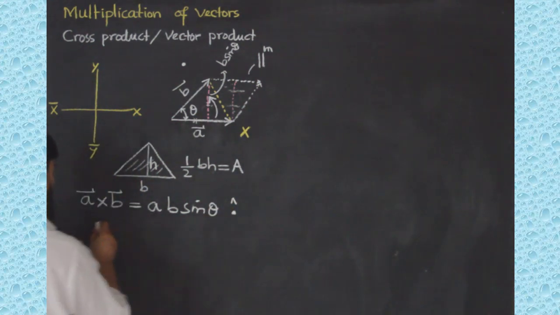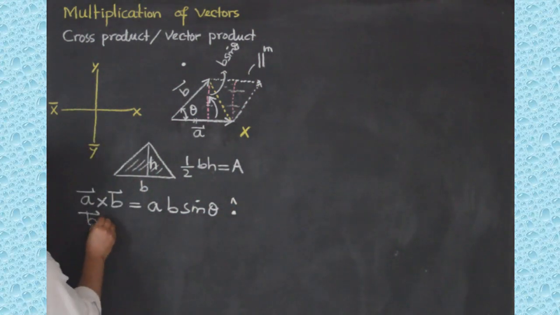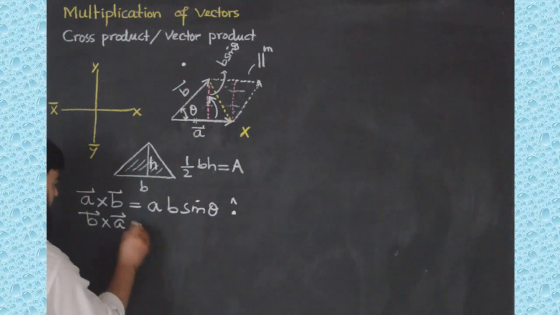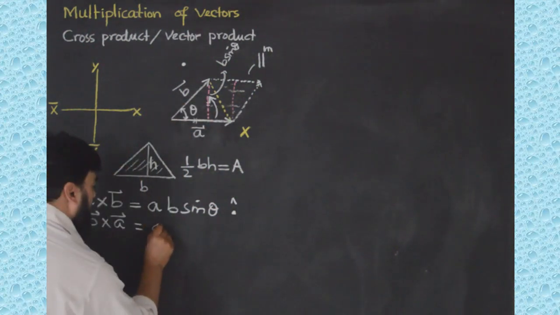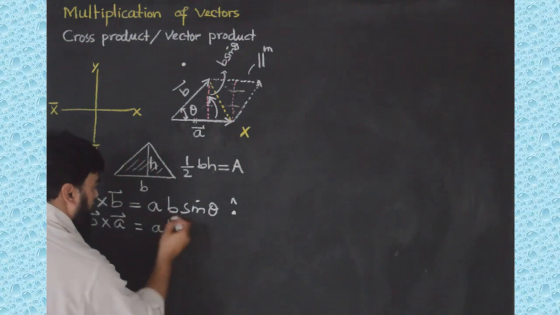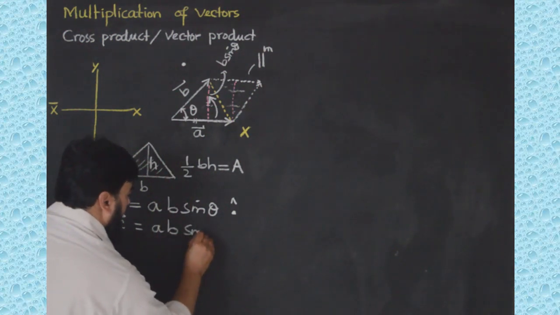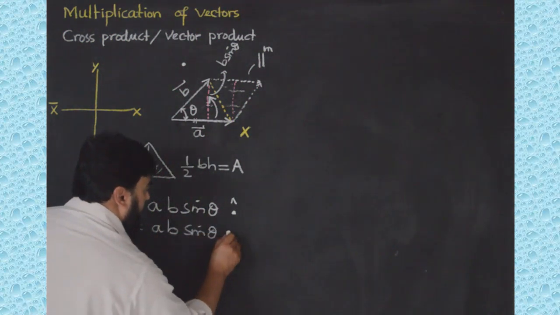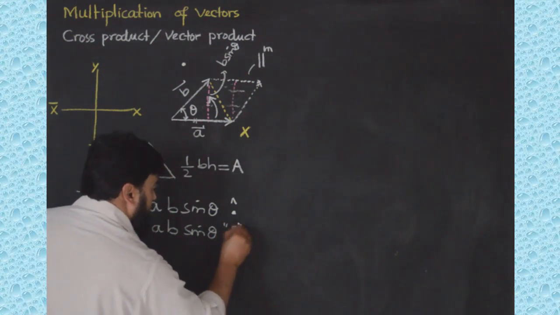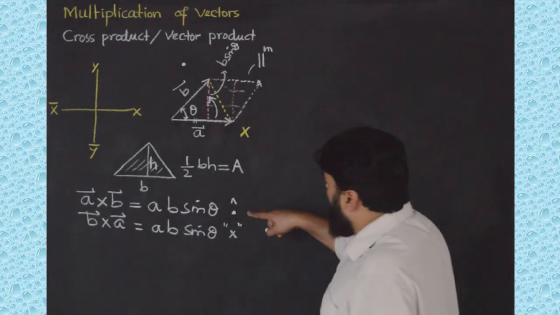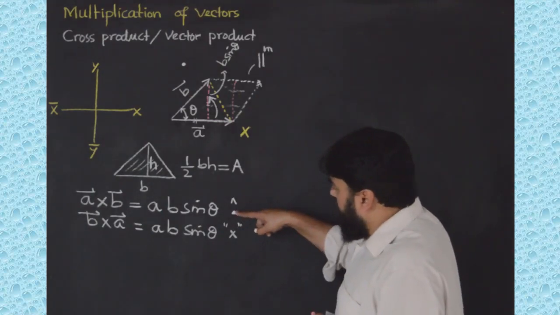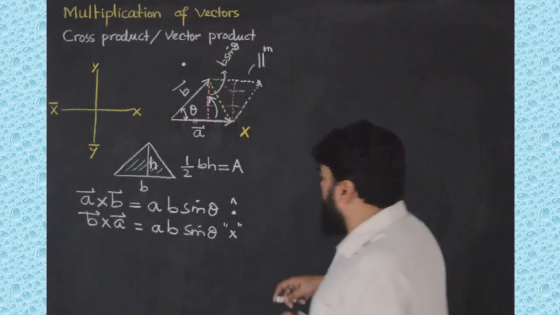And when we rotate B along A, then we will have, these are just numbers, and we will have sine of theta, and we will have this direction. Sometimes this one is out of the board and this is into the board.